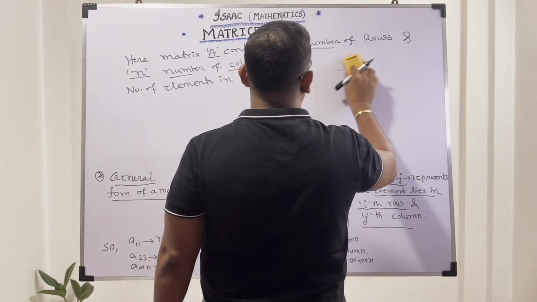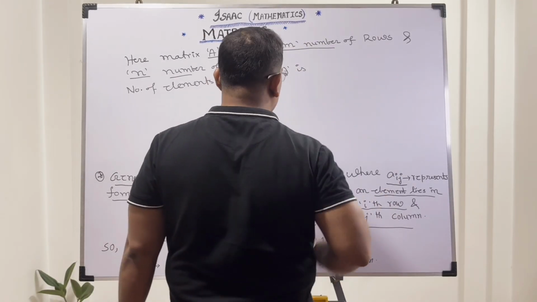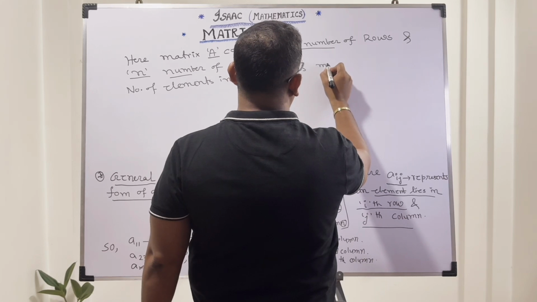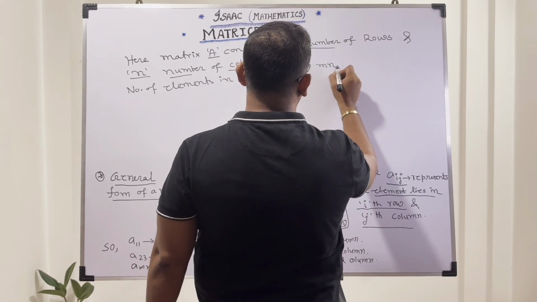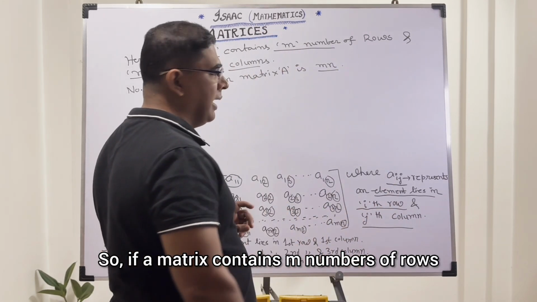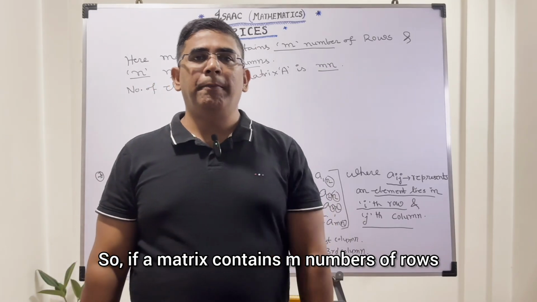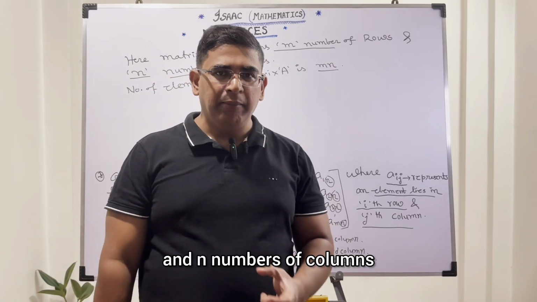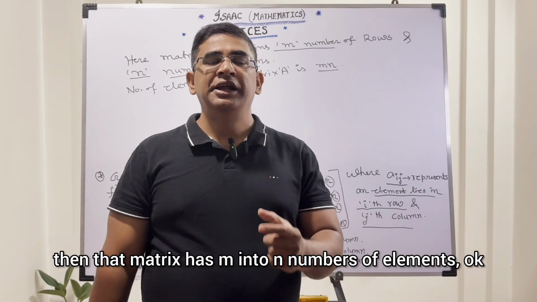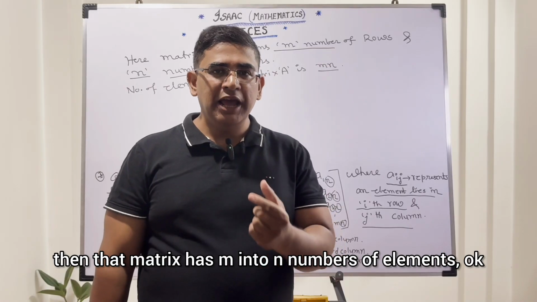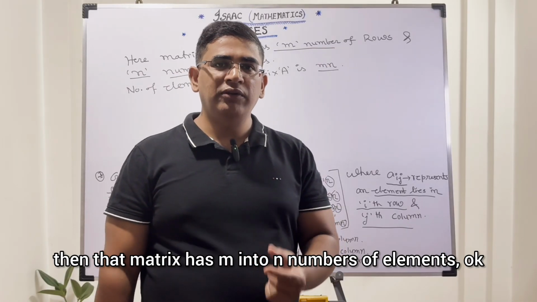Okay. So if a matrix contains m numbers of rows and n numbers of columns, then that matrix has m into n numbers of elements.